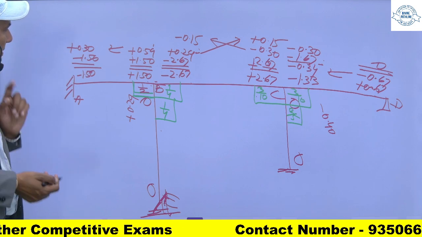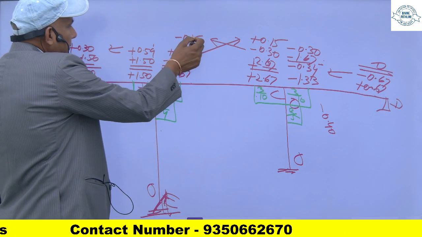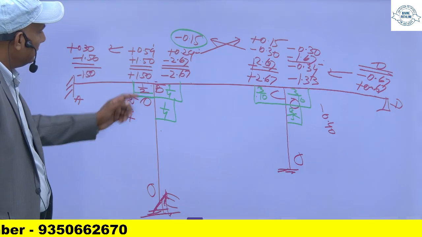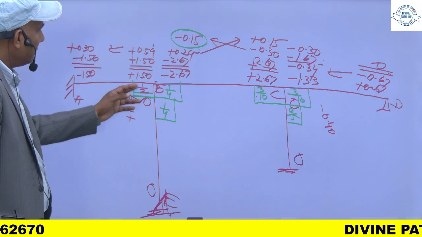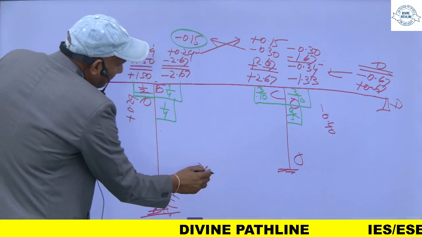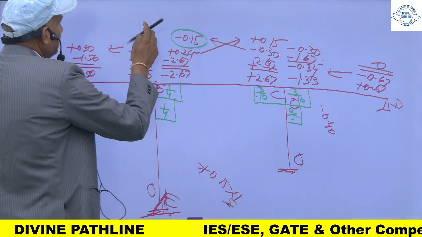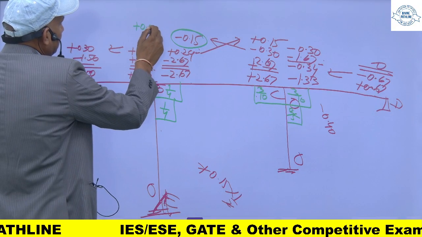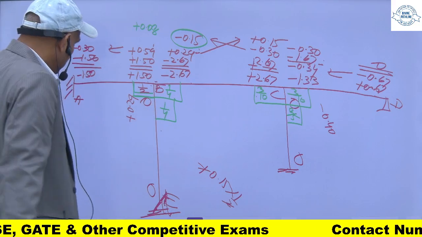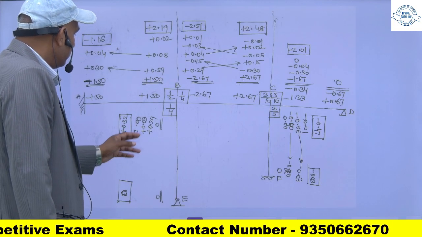And now this one is extra, and this will be distributed according to the stiffness. It is 1 by 2, so I will apply a correcting moment of 0.15 into 1 by 2, so it will be 0.08 something, and 1 by 4 of this will be 0.04 and 0.03.